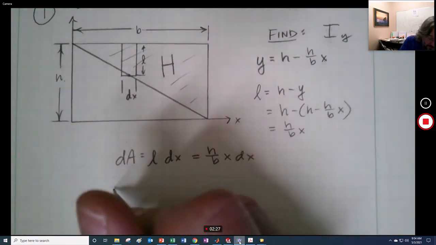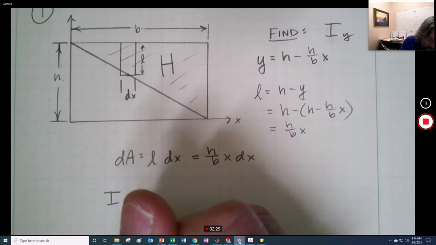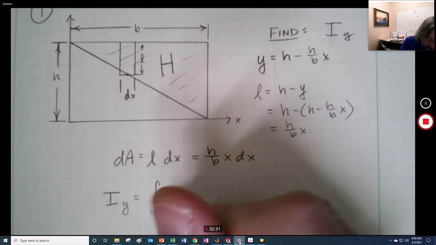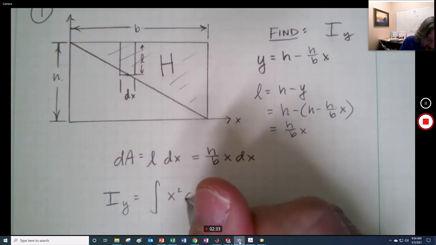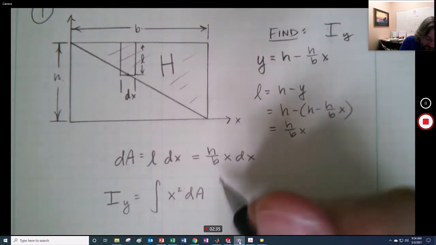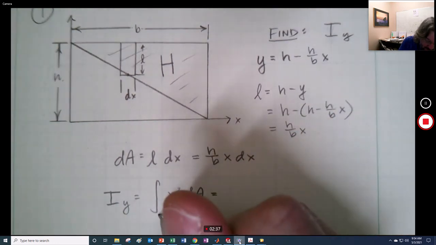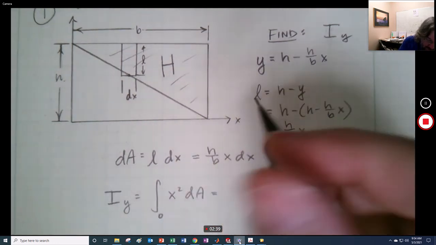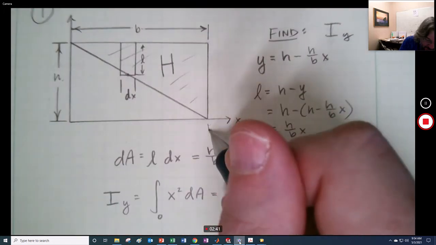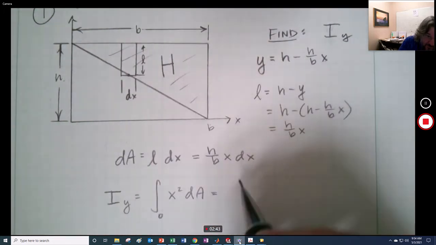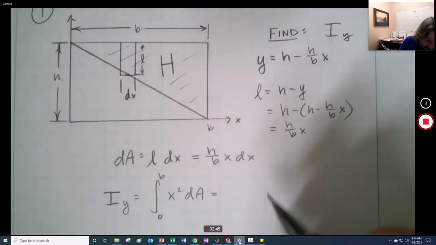And so the integral, so Iy is going to be the integral of x squared dA, and that's going to be from 0 to b. Here's b right there. From 0 to b.